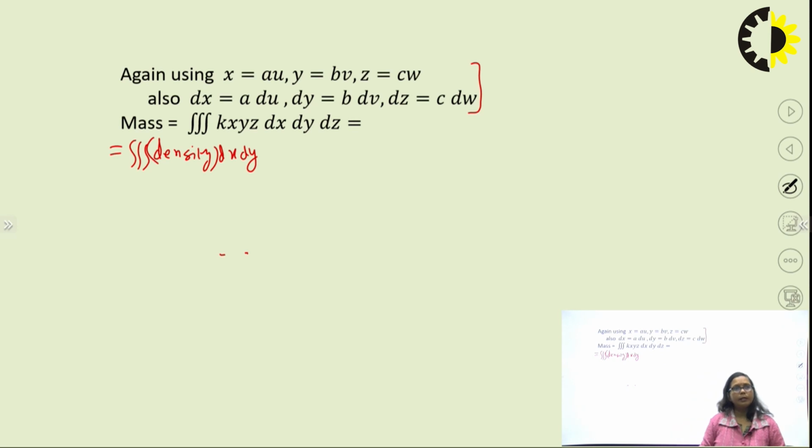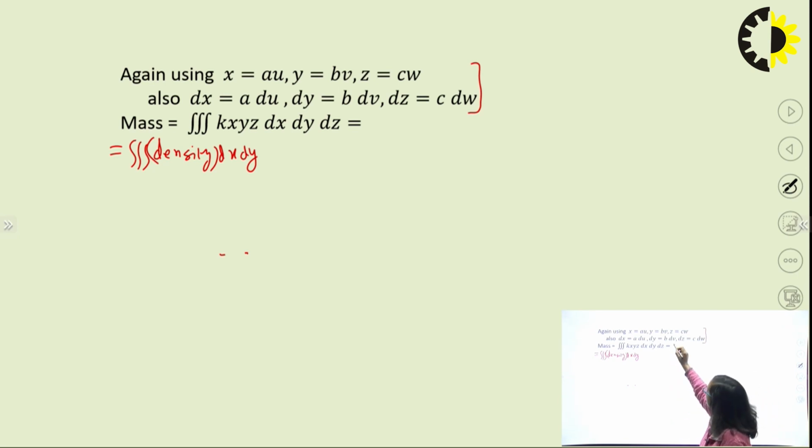So putting the value of density, this will become the triple integral kxyz into dx, dy, dz. Now what I need to do is convert this integral into the form of u, v, w and du, dv, dw.